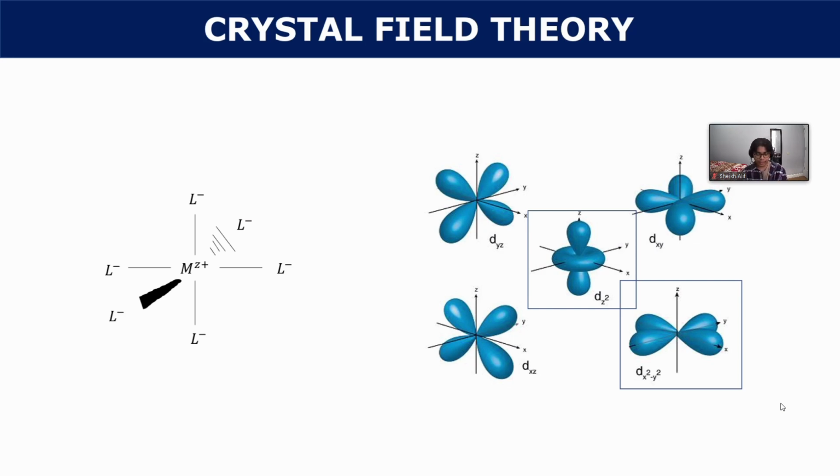If you look at the dz2 orbital, it is on the pole here, and on the top you're going to have the ligand, and on the bottom you're going to have the ligand. Those ligands and the electrons on that orbital are going to have more repulsion than some of the other ones. Specifically, this orbital and this orbital are going to face more repulsion because they are on the poles that the ligands are on.